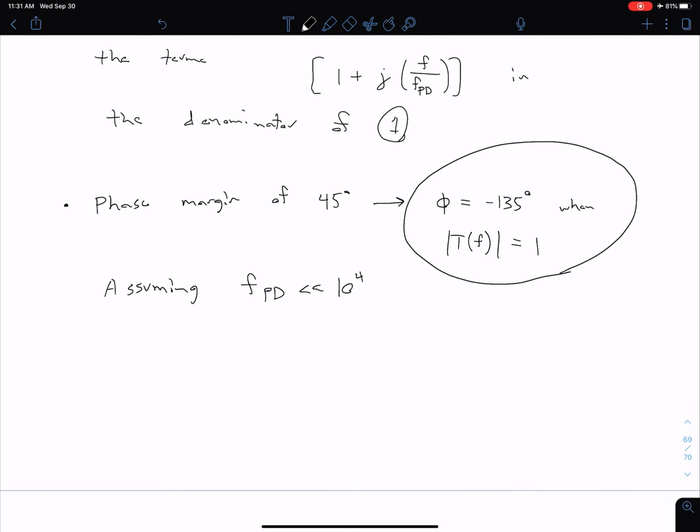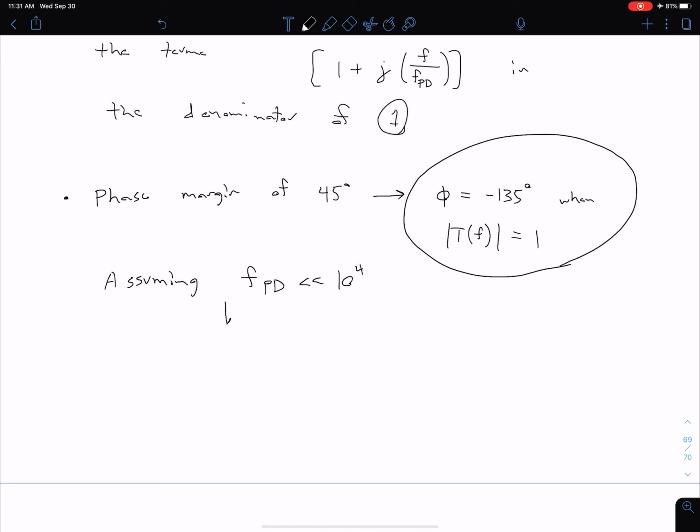Based on that, we can say that our phase angle is approximately negative 135 degrees at that first corner frequency, which is 10 to the 4th hertz. We went through the reasoning for that with our previous example when we were designing on phase margin.